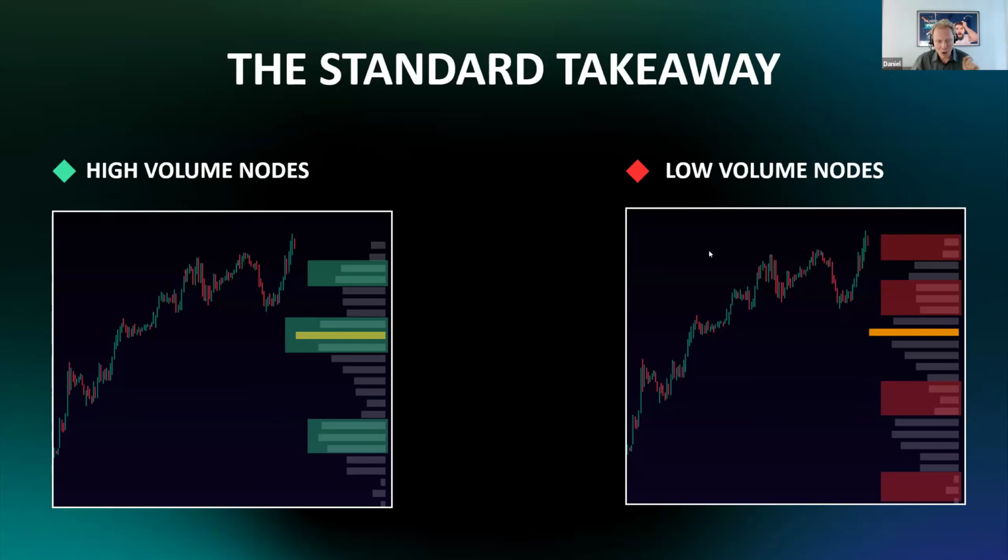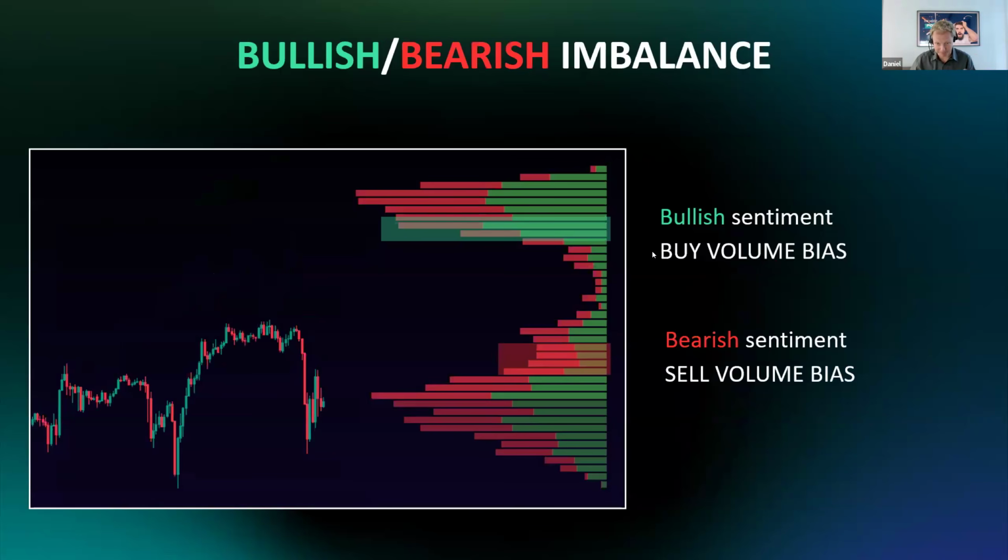All right. Now, we can find these high volume nodes and low volume nodes, but there's more to volume profiles. We can also see, hey, was there perhaps a bias or an imbalance between buyers and sellers? And in a typical volume profile, you can see this with these different colors within a bar. Look at this one here. You can see that the greenish area is a bit bigger than the reddish area, meaning there's an imbalance.